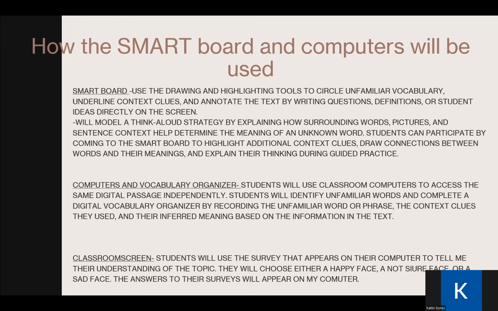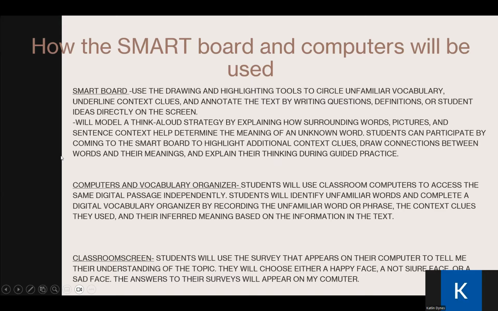And the computer and the vocabulary organizer will be used. The computers will be used to access the digital passage independently. The students will identify unfamiliar words and complete a digital vocabulary organizer by recording the unfamiliar word or phrase.